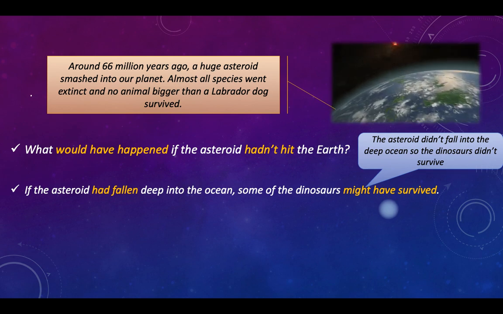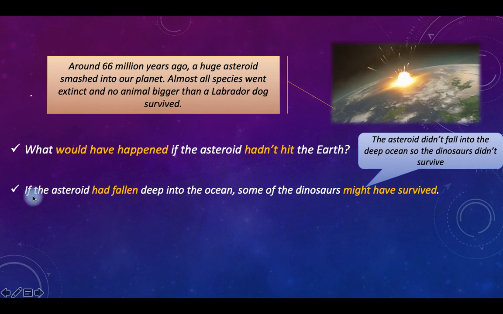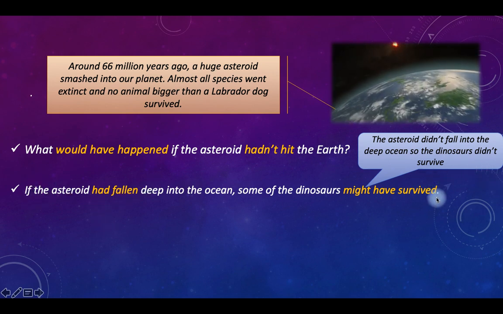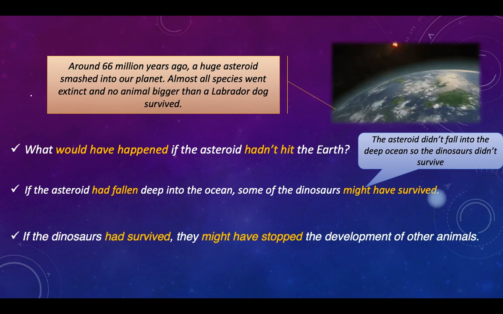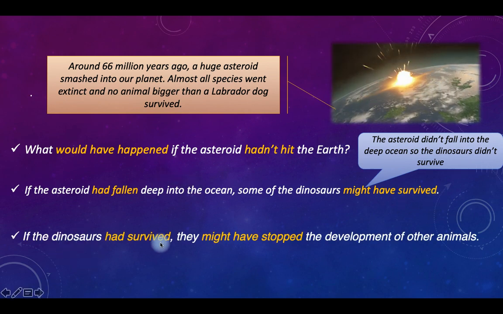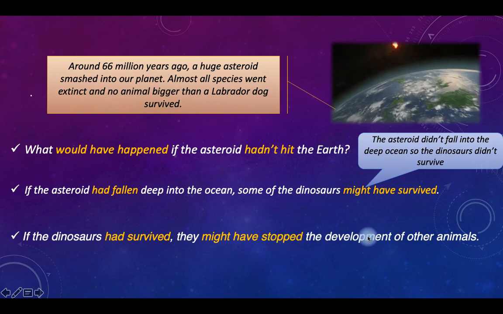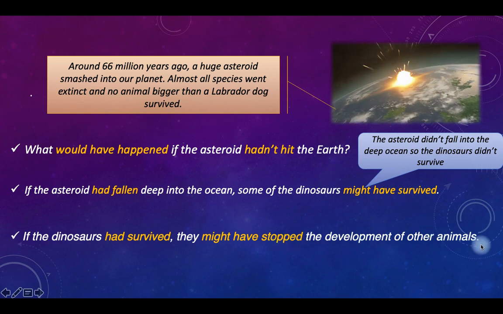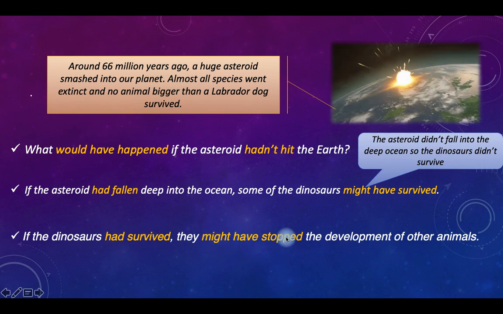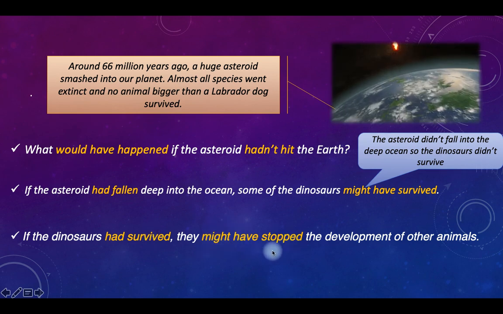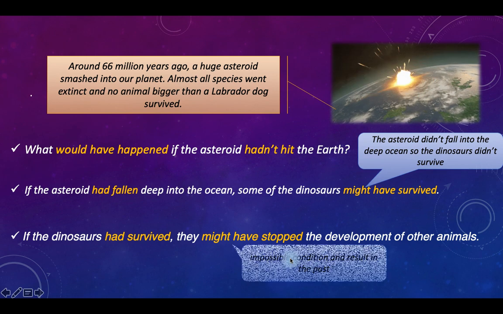We are speaking about an unreal condition in the past. This is what the third conditional is all about. If the dinosaurs had survived, they might have stopped the development of other animals. Had survived and might have stopped. This is again the third conditional.